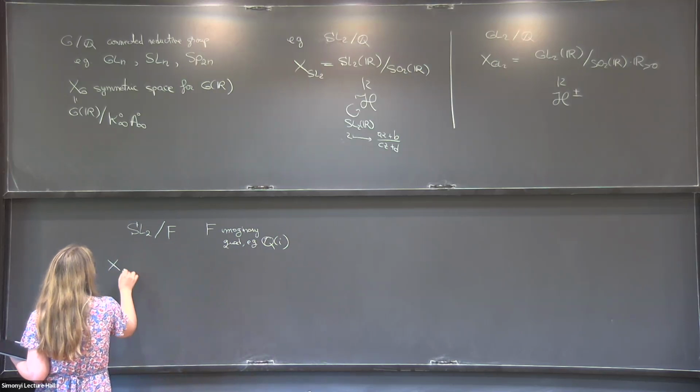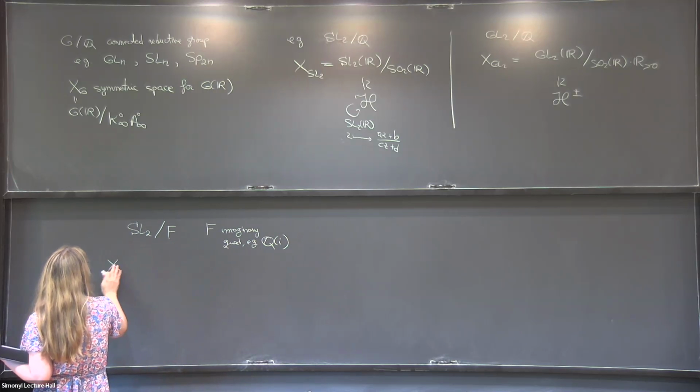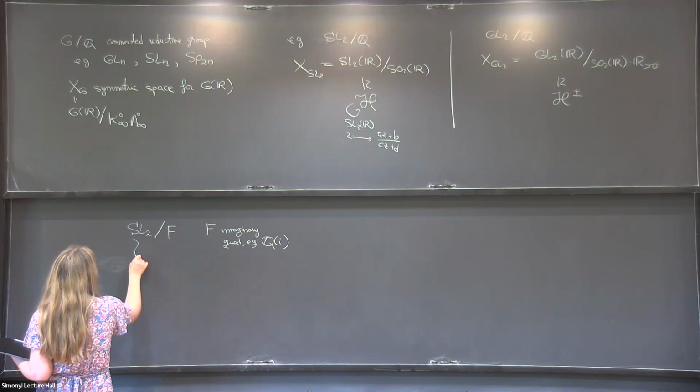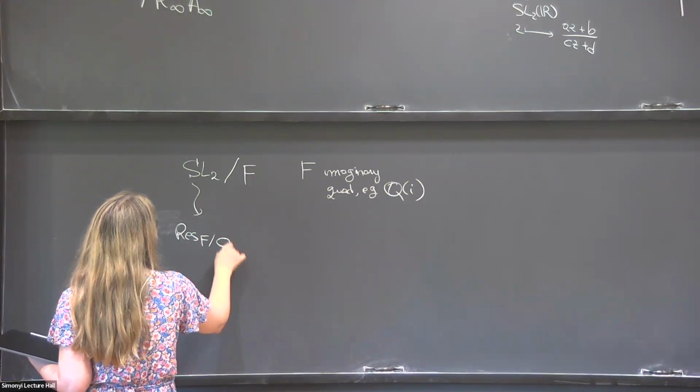Then I can really view this as a group over Q by taking something called Weil restriction of scalars.